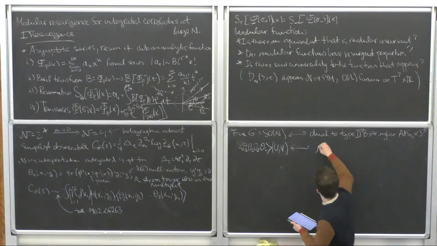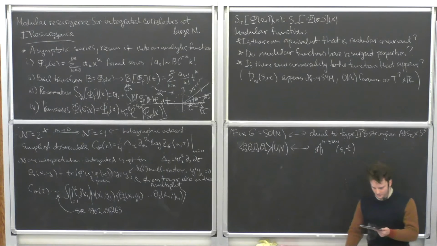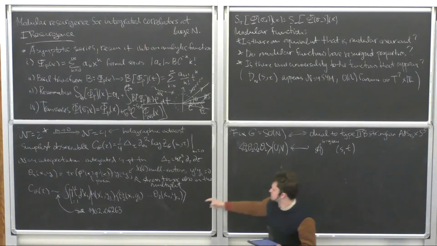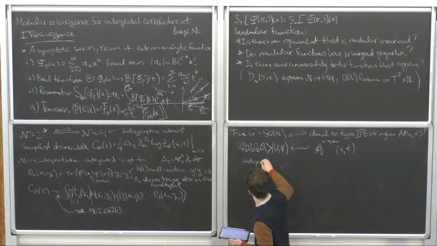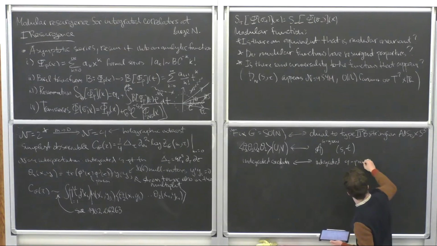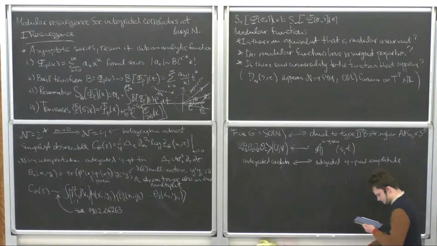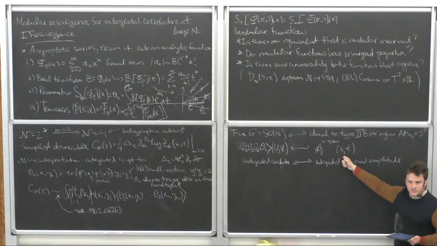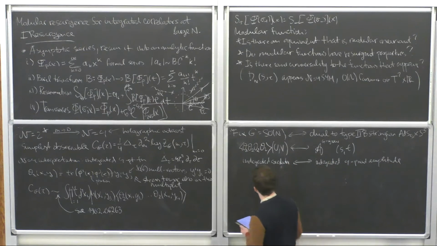So really, this will be dual in some sense to the 4 graviton scattering amplitude, which depends on 2 Mandelstam variables S and T. And consequently, once we take the integrated correlator, we integrate over the U and the V. So the integrated correlator really gets mapped to an integrated 4-point amplitude.